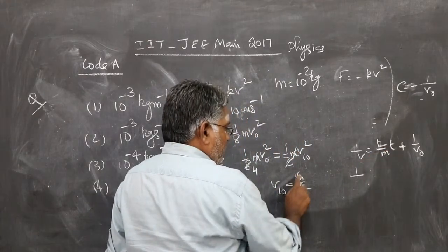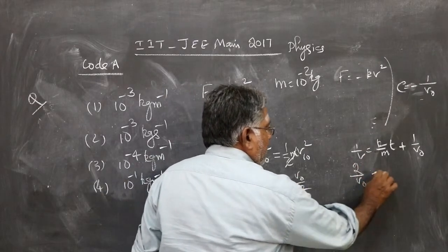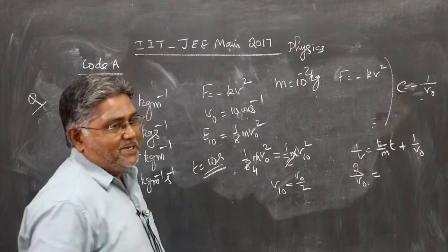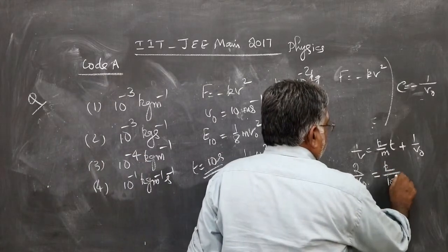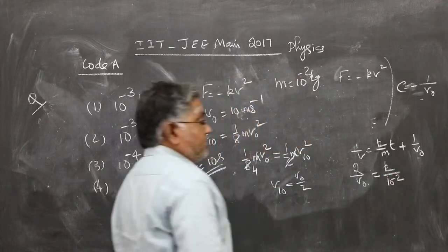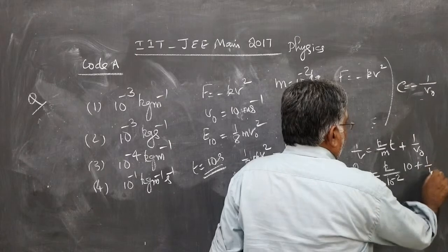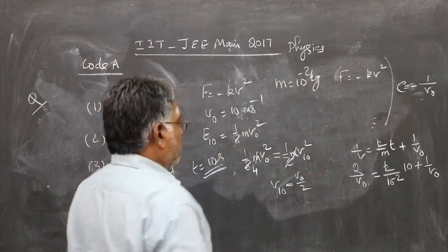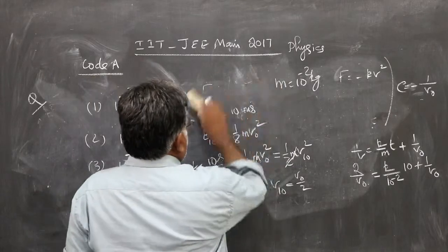But V10 is V0 by 2, so the 2 will go there, V0 will be here. V0 is 10. k is to be found out. m is 10 power minus 2 kilogram, given. t is 10, I told you. 1 by V0. Note that we are supposed to find k. You simplify this. What is it?